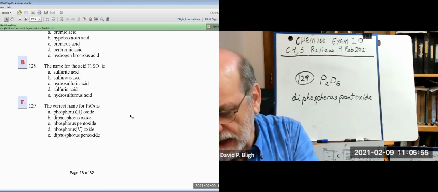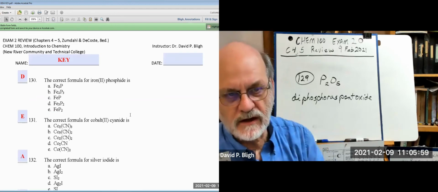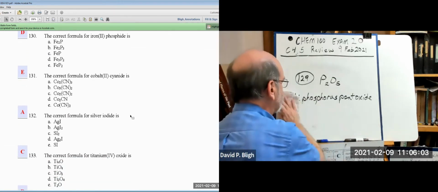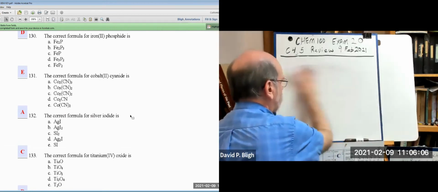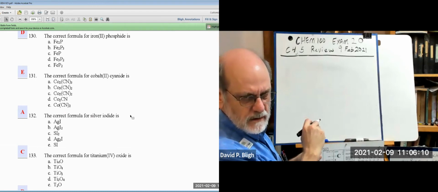Okay, 129, let's go. 132, let's take a look at that one. The correct formula for silver iodide.